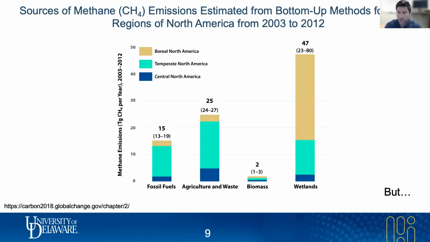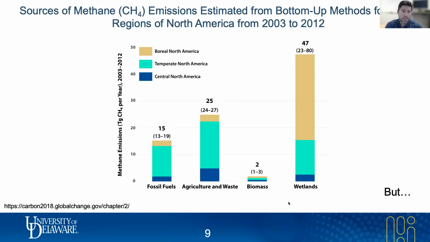The story is not just about CO2, as you are aware, it's also about methane. For the SOCCR report, we mentioned methane, and we were able to report from the literature that most of the methane emissions were coming from wetlands. But there is an issue.